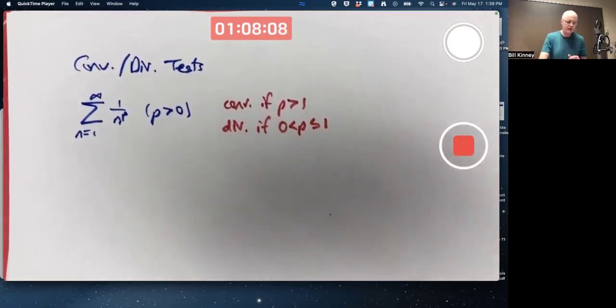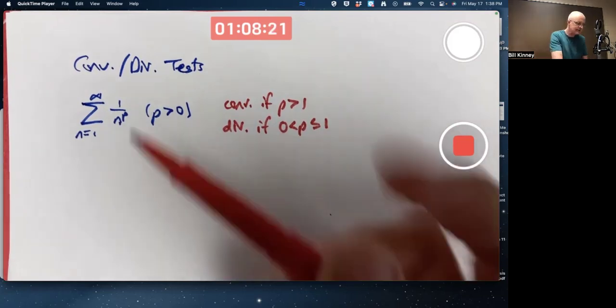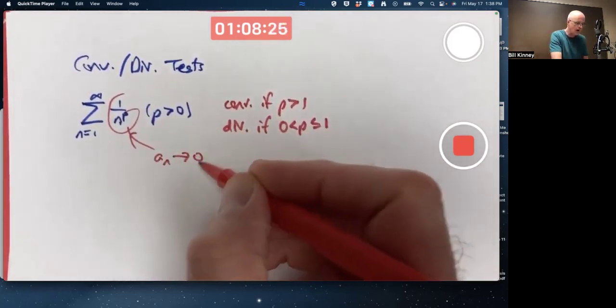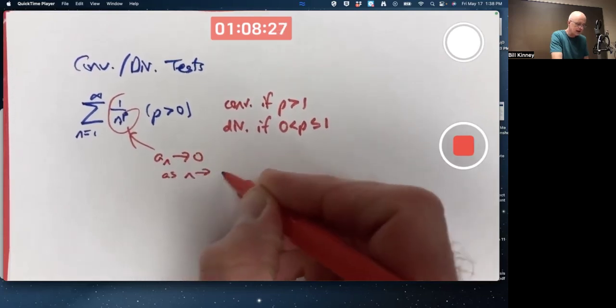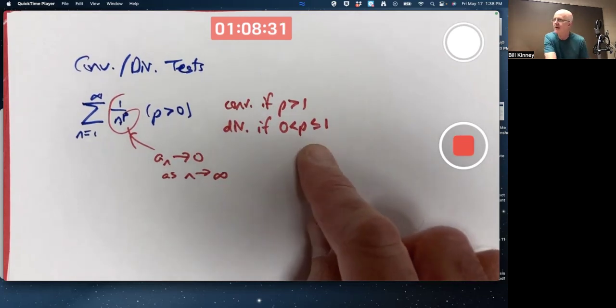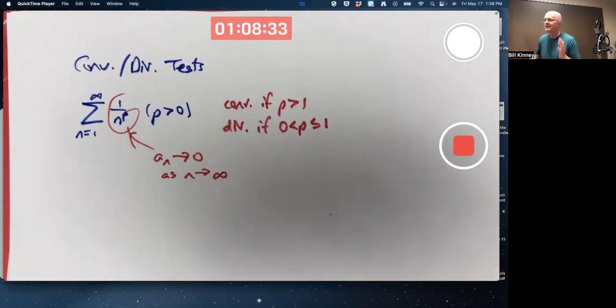We proved this with the integral test, but realize that this one example is enough to encompass the fact that we need series tests. Because these an, if p is positive, do go to 0 as n goes to infinity, no matter what positive p you have, even if p is between 0 and 1. But that's not enough to guarantee convergence.